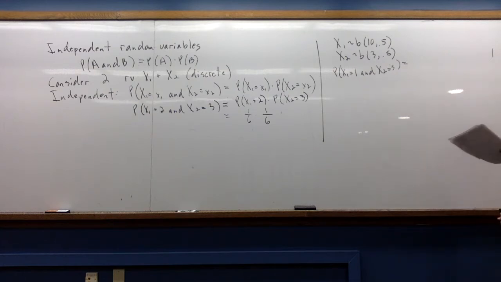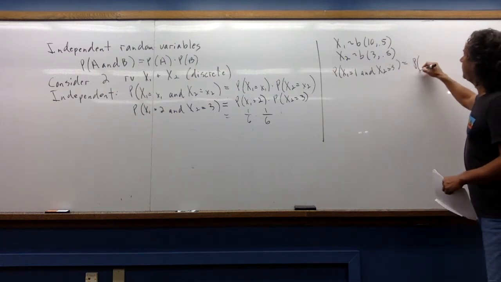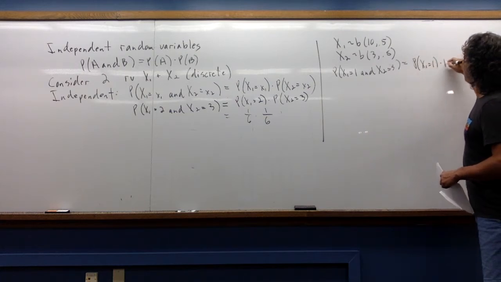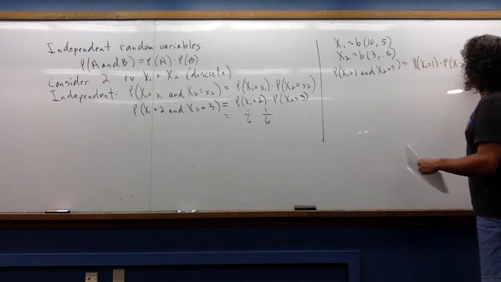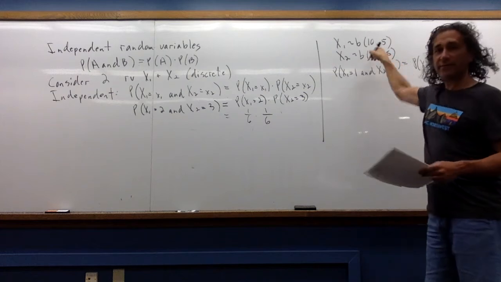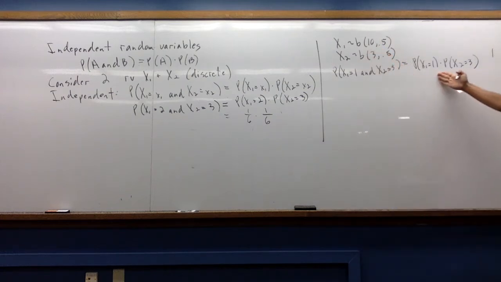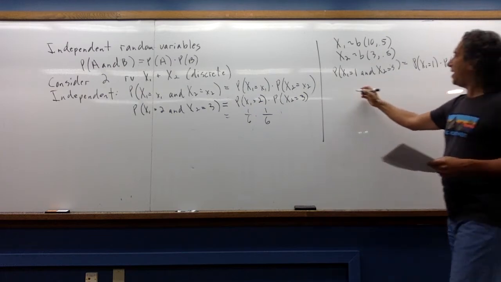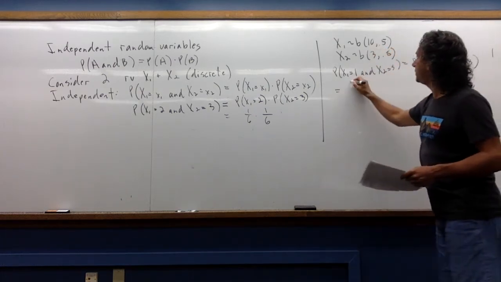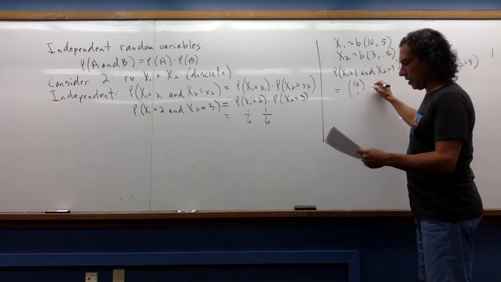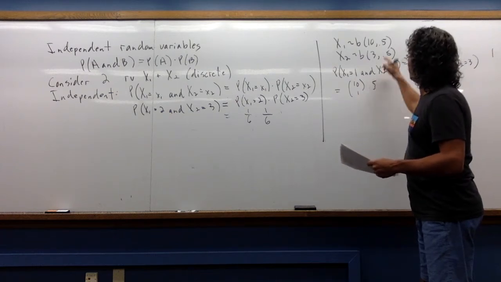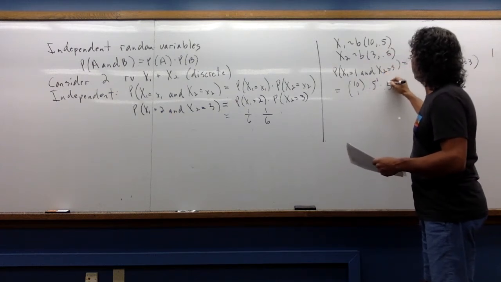Okay, hopefully you paused the video and you said, oh, that's just the probability that x1 is 1 times the probability that x2 is 3. So then we just have to look at the individual distributions to compute that. So let's see, x1 is 1, so I guess 10 choose 1, 0.5 to the first, 0.5 to the ninth.